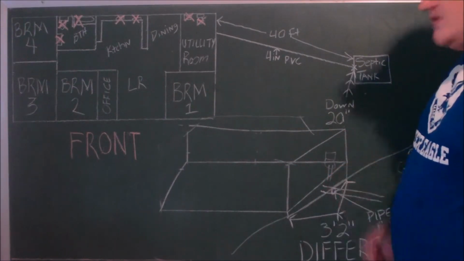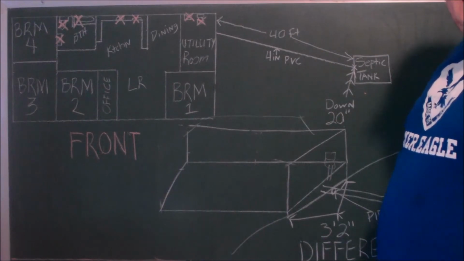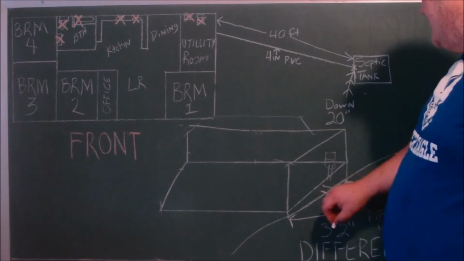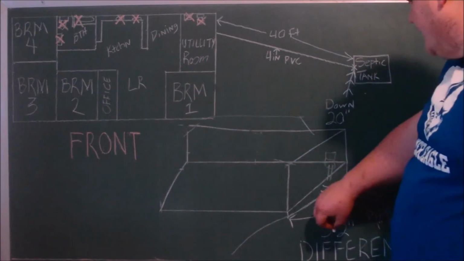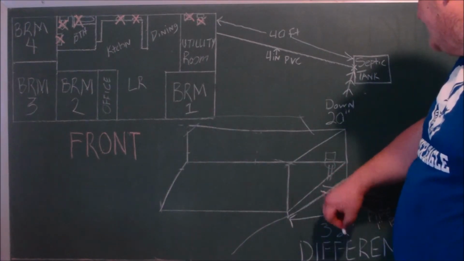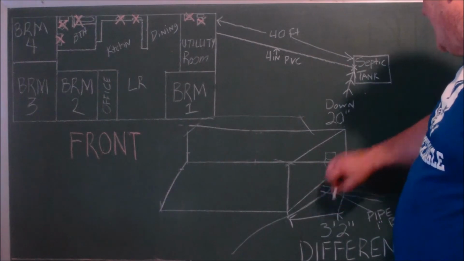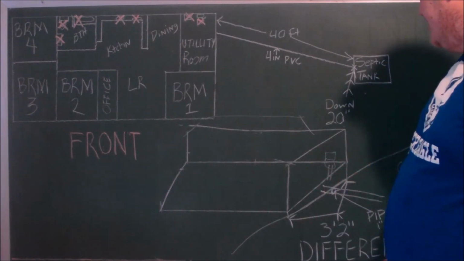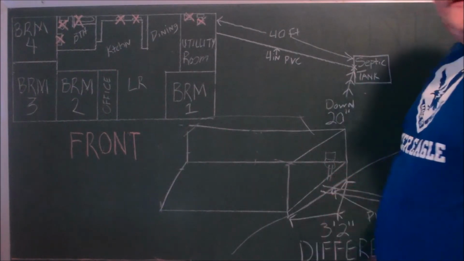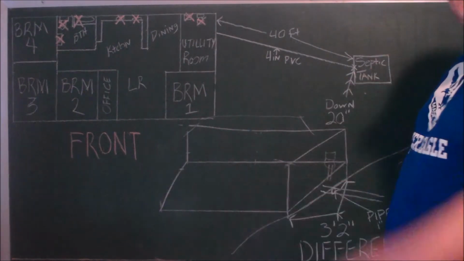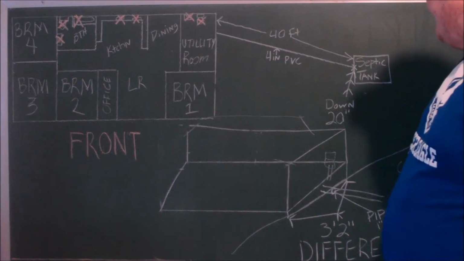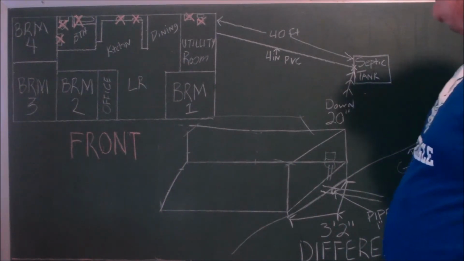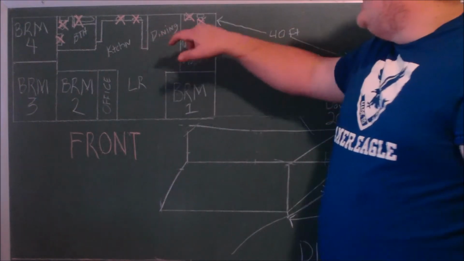That line is going to vertically drop 2.5 feet to meet up with this line. Or if I elbow 45 degrees a couple of times in this line right here and bring it up, going up 2.5 feet within a 4 foot range is going to be way too steep of a drop.